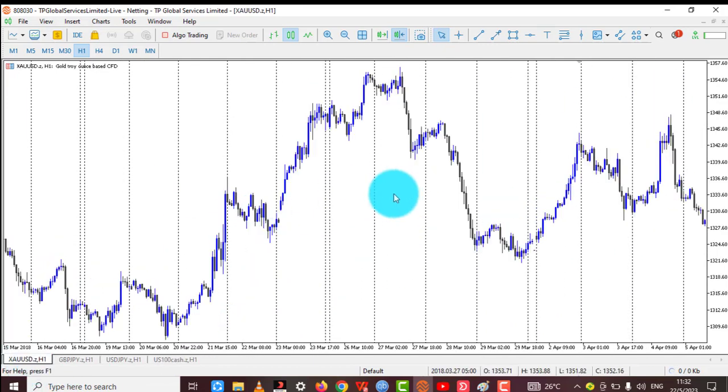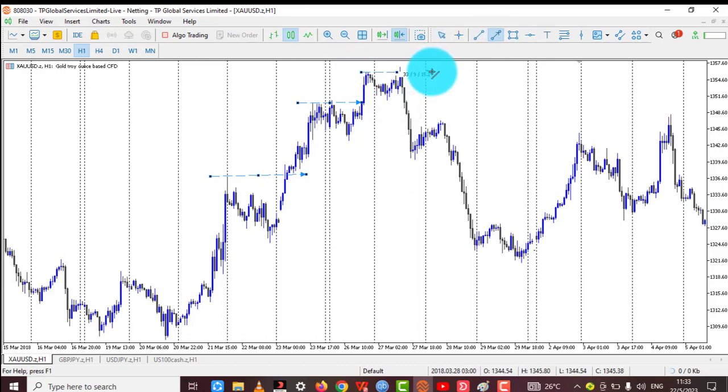Now we can also see the same thing happening on gold. Very textbook. Look at it. We have our impulse, correction, impulse, breaking the structure, correction. Then price fails to break this high.